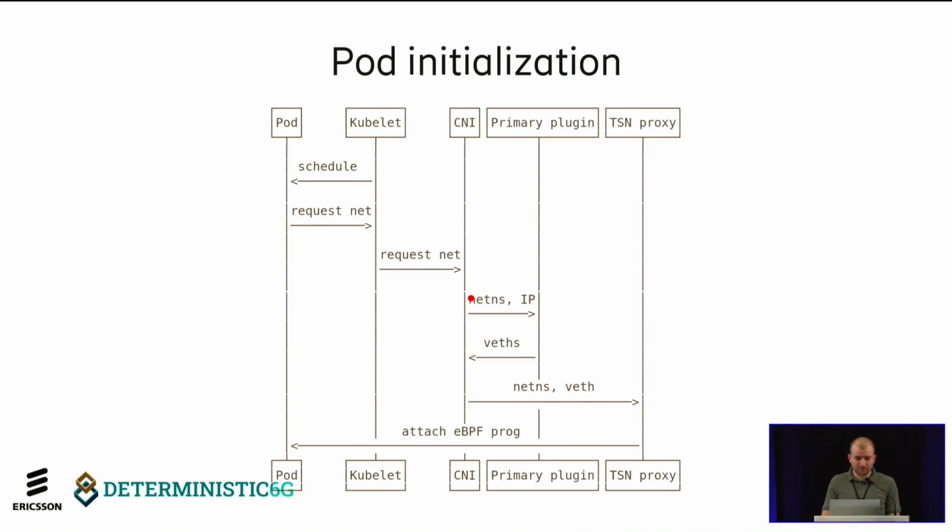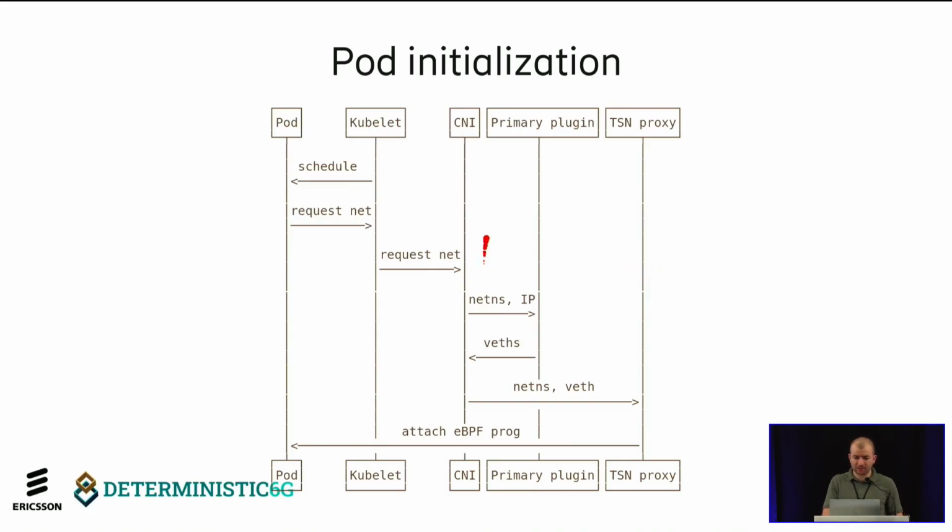This is, of course, a simplified diagram of the pod initialization process. It doesn't look entirely like that, but when the API server or the Kubernetes scheduler instructs the kubelet to schedule a pod on a node, the pod requests the kubelet network. The kubelet requests a network from the CNI interface of Kubernetes, which allocates a namespace, and of course there's an IP address allocation, but let's say it allocated the IP address as well.